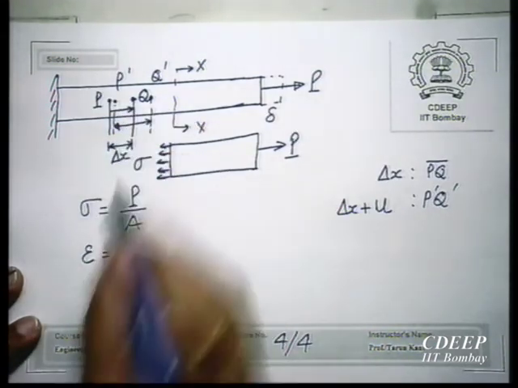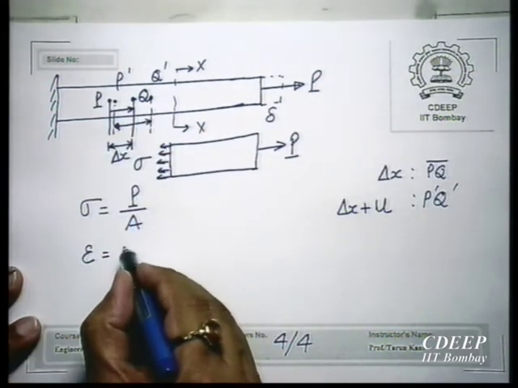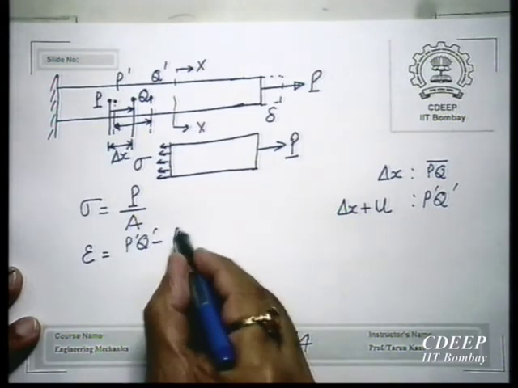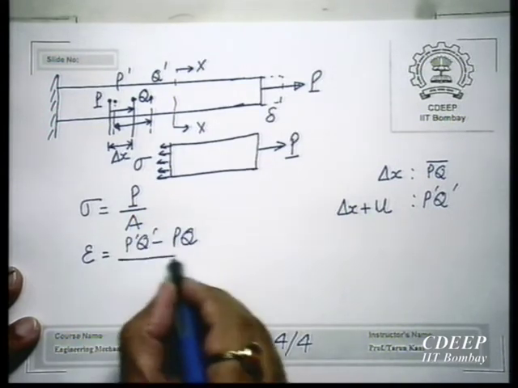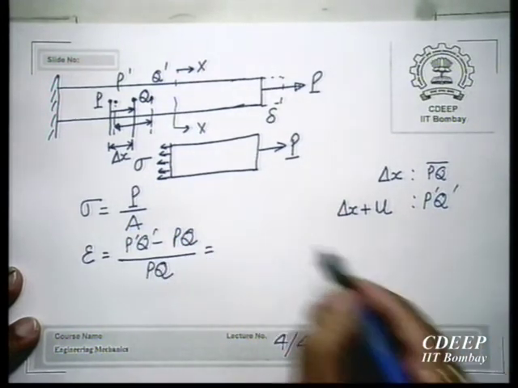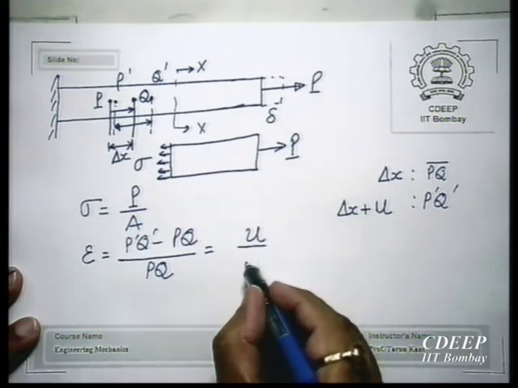Strain at this point P is the change in length, that is P dash Q dash minus PQ, divided by PQ, and that is u divided by delta x.